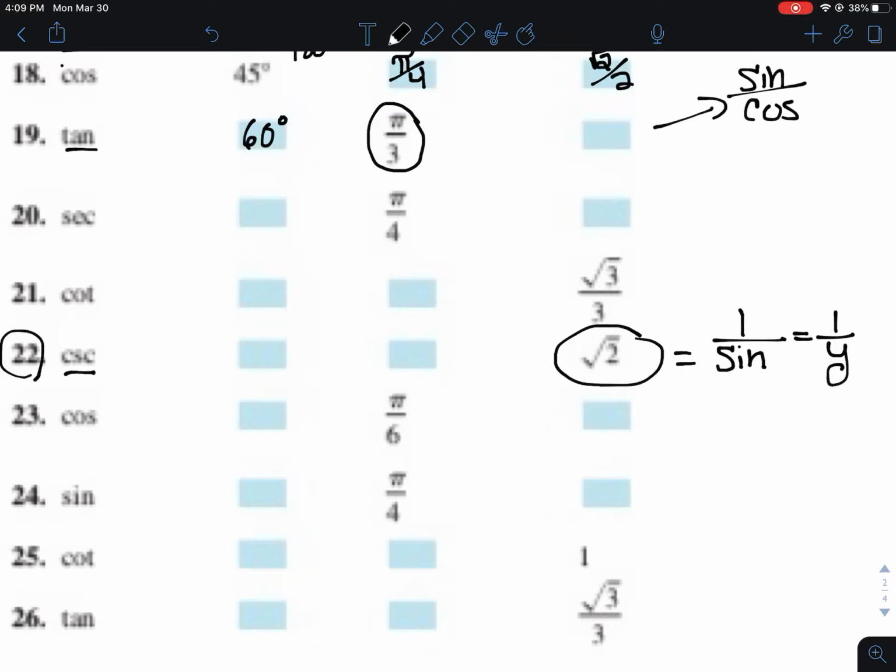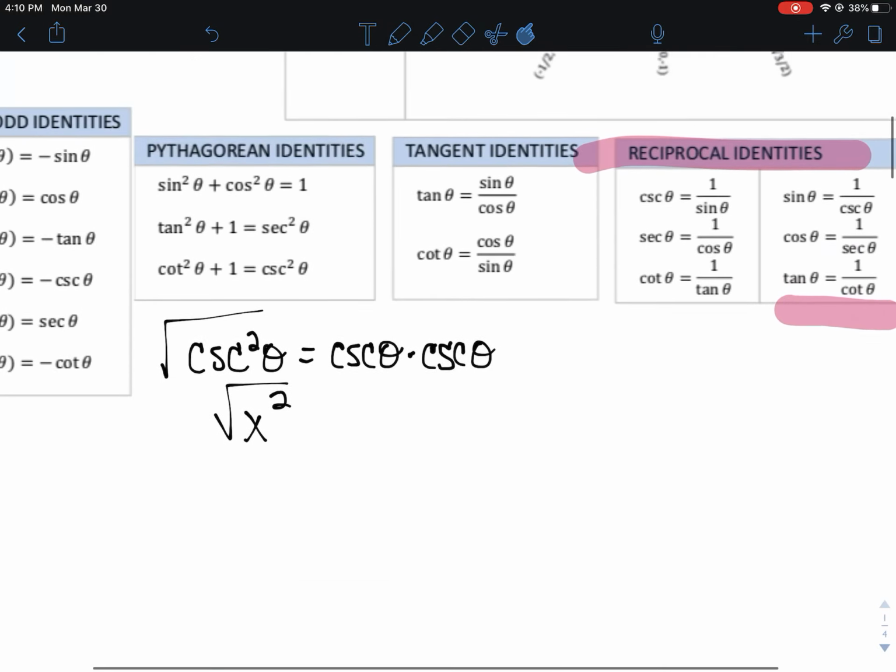And this angle has to be between 0 and 90, and we have to figure out what's the angle, right? So for cosecant, we have to think, okay, which sine value can be reciprocated to give me the square root of 2 as an answer, all right? So I'm going to go back to my unit circle for a second.